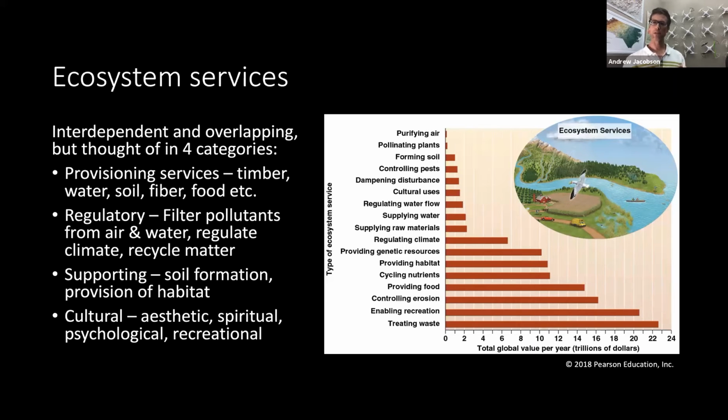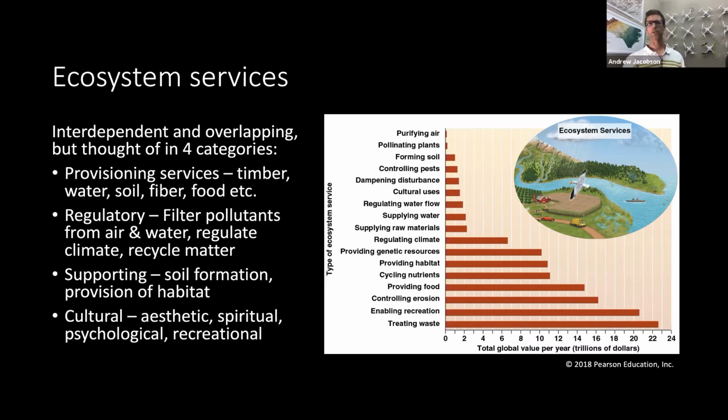Now, those estimates tend to vary pretty substantially, but they're generally larger than the size of the global gross national product. Some of these services break down into 4 different categories. Provisioning services, like the production of timber, the production of soil that underlies the production of food and fiber.